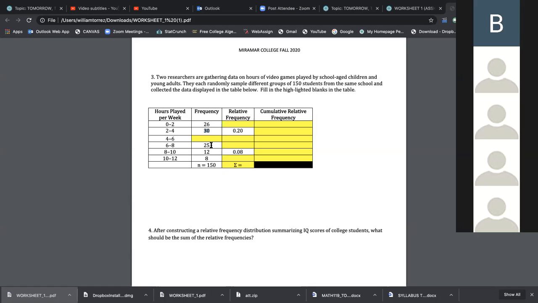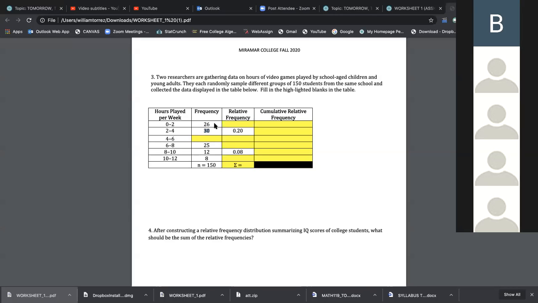Between 6 and 8, it's 25, according to the table. Between 8 and 10, it's 12. And between 10 and 12, it's 8. So what the researcher has done, he has collected 150 data values here, representing this amount of time in hours, okay?